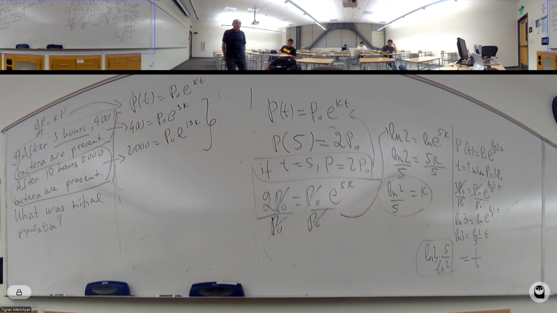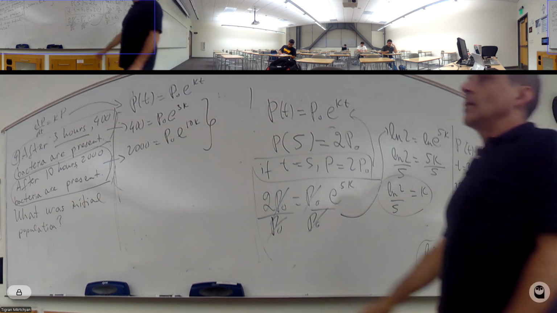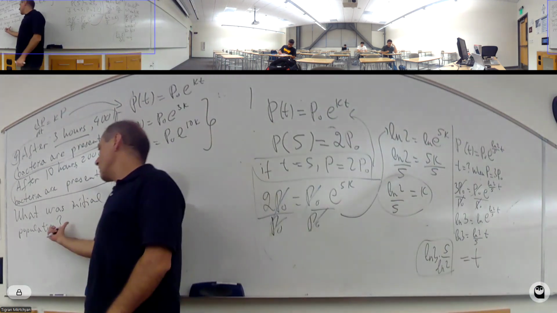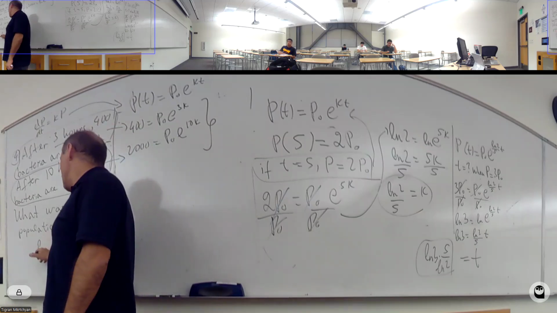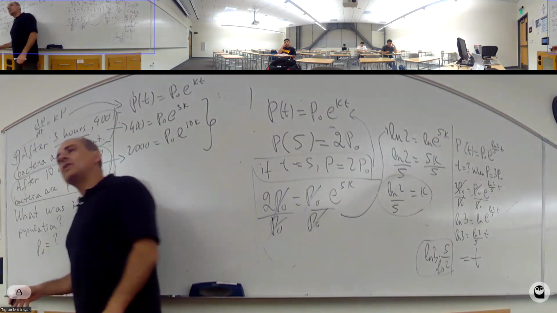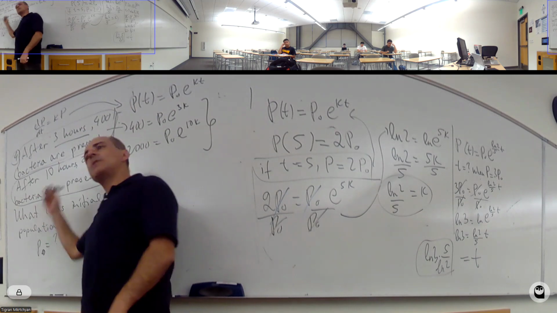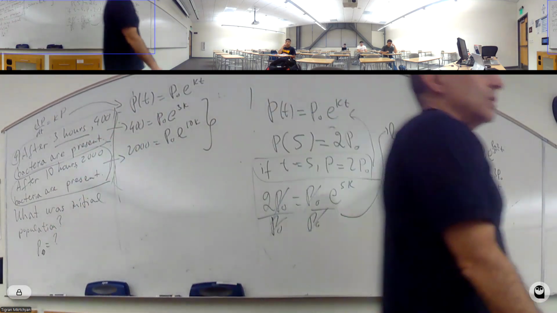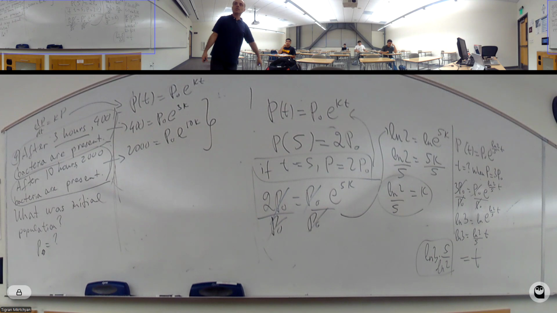So we may be able to solve it because we have 2 equations. We should be able to find both k and P0. So any ideas what to do?